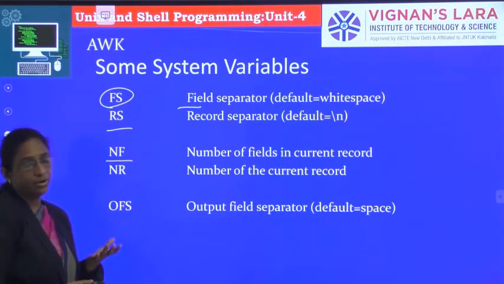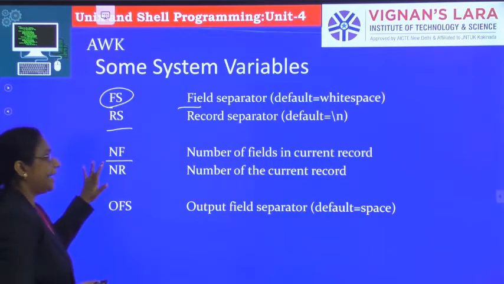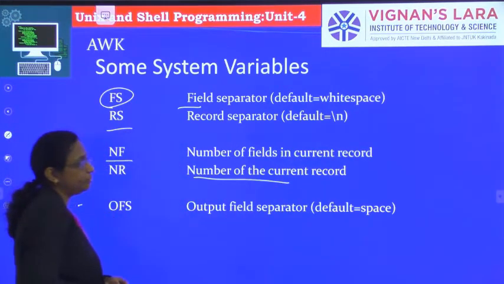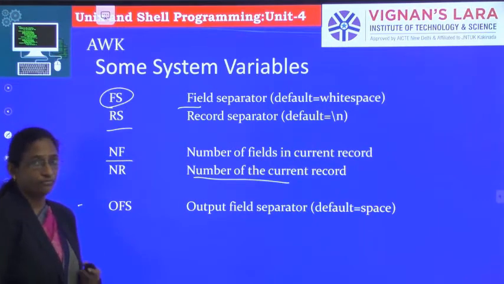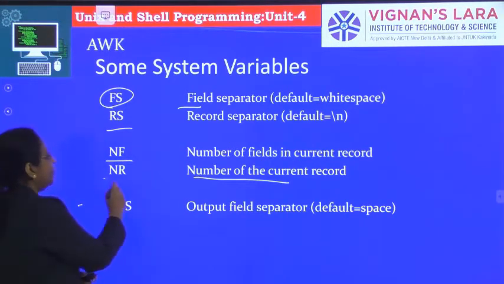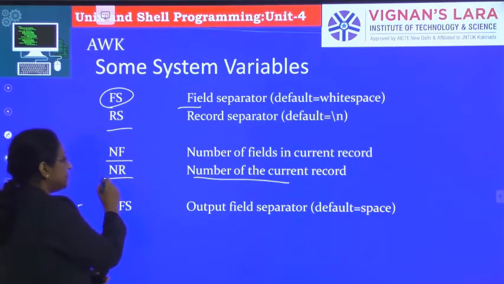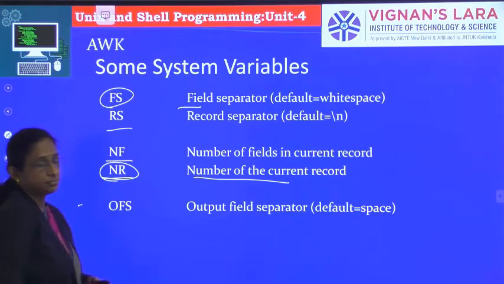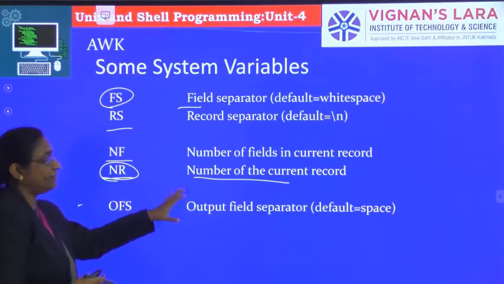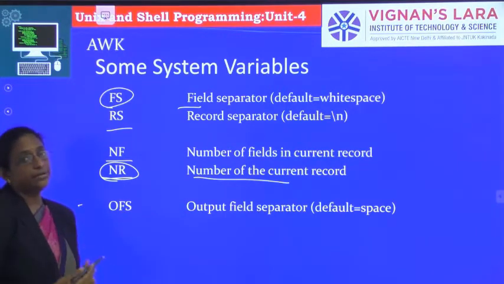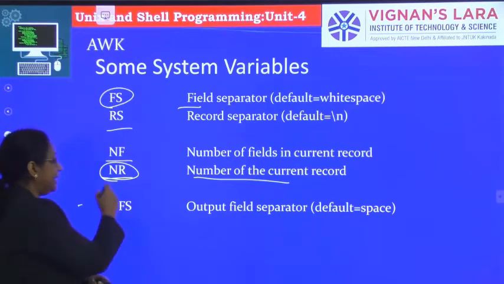So in a record, if you want to know the number of fields, you can use the NF variable. Similarly, if you want to know the number of the current record, you use the variable NR.